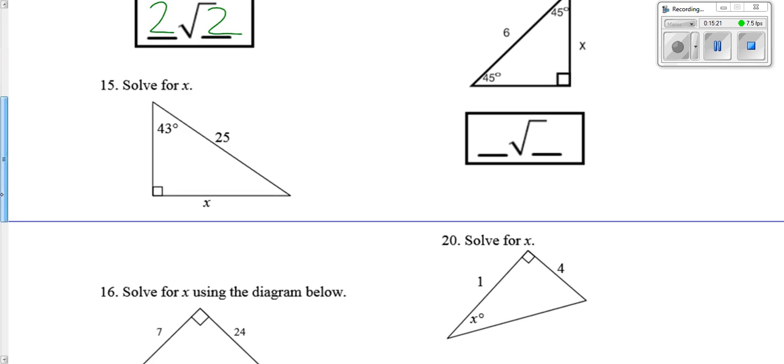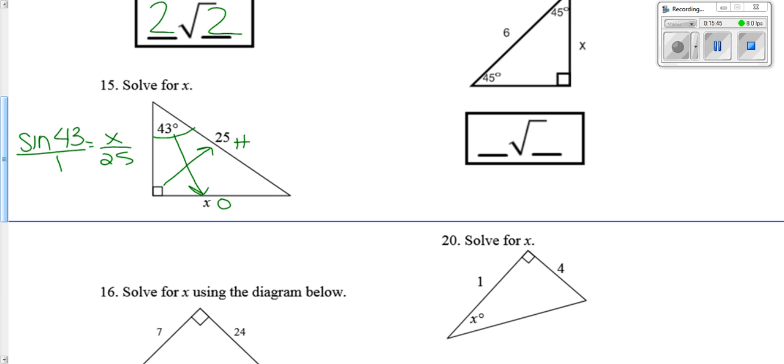15. We have to use trig because we don't have 45, 45, 90. We don't have 30, 60, 90. We don't have information for all 3 sides. So the x is my opposite. 25 is my hypotenuse. So I have sine of 43 equals x over 25.